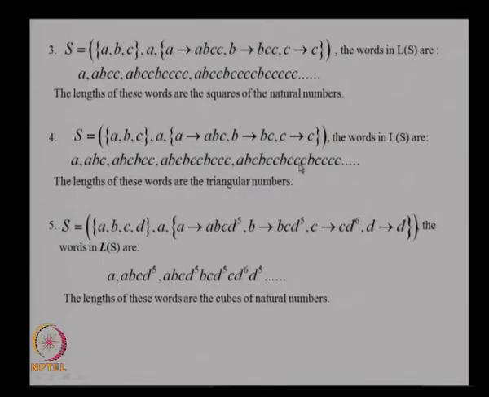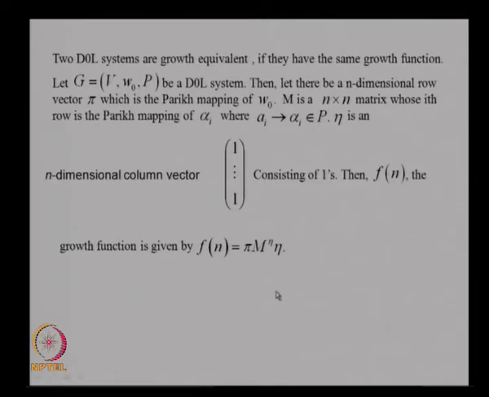The length of the nth string will be sigma i equals 1 to n. Now, another system is given like this. If you look into the length of the strings, it is 1, 8, 27 and so on. The lengths of the words are cubes of natural numbers.